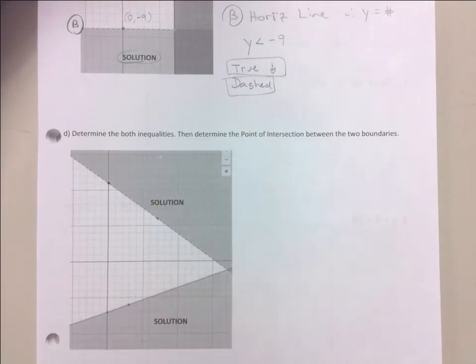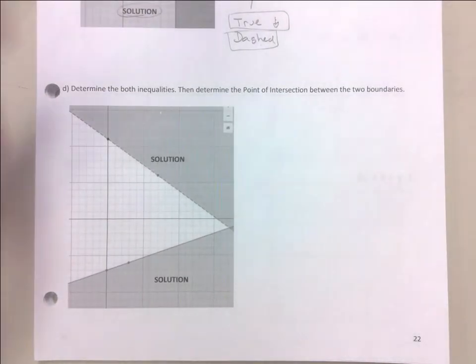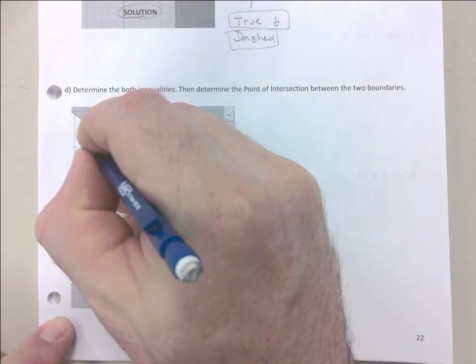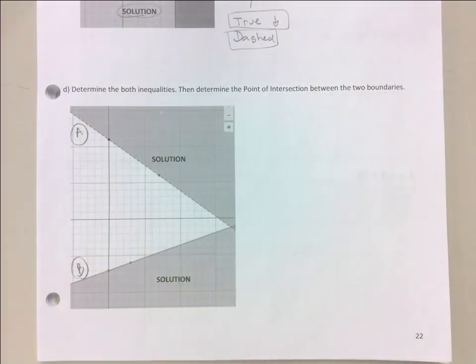Label them A and B, and then find the inequality for each one of them. You need to find the y-intercept, you need to find the slope, and go with that, okay?